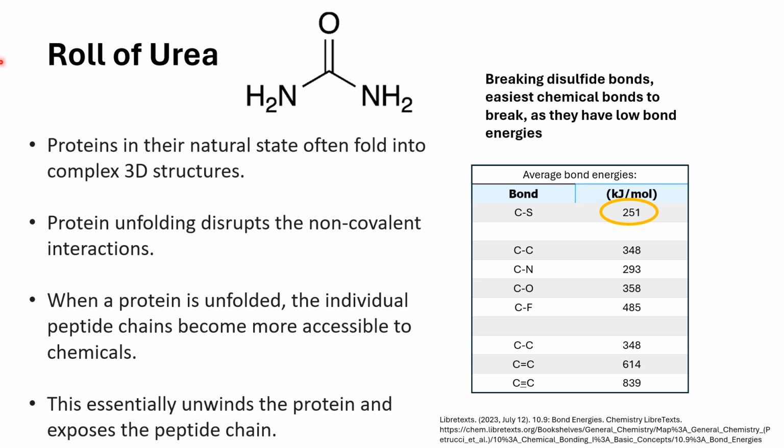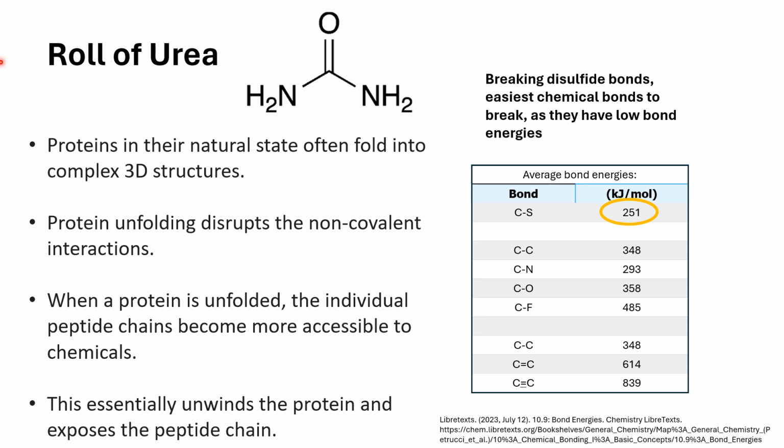Now, urea is also added to a lot of hair removing creams, and it's got this property of helping to actually straighten out or unfold a protein structure. We have to remember that proteins are complex 3D structures, and it disrupts the non-covalent interactions.